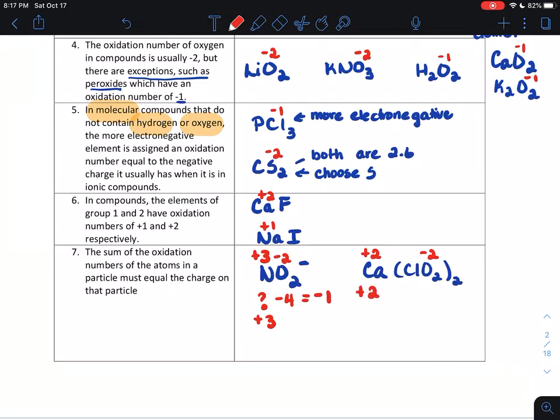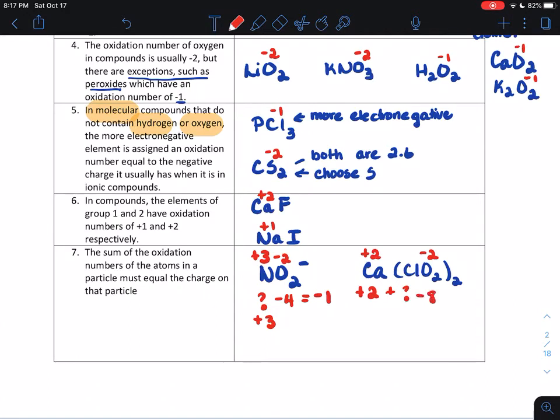So now I'm going to do the math underneath. I've got +2. I don't know what the chlorine is. And my oxygens, and here you've got to be really careful. Do you see that I've got 4 oxygens? 2 times 2 is 4. 4 times -2 is -8. And this has to equal the overall charge. Do you see that the overall charge is 0? There isn't a charge associated with it.